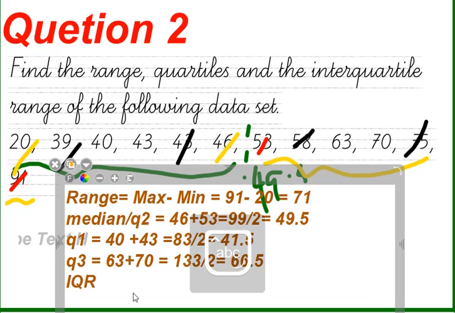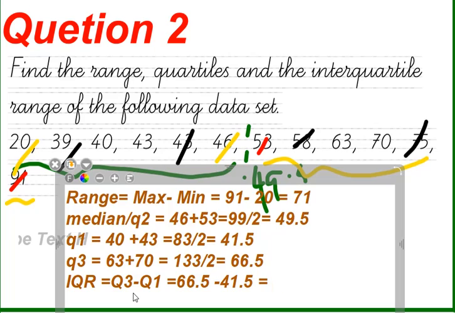So IQR is equal to Q3 minus Q1, and that is 66.5 minus Q1, which is 41.5, and we get our answer to be 25. So that's our answer for our interquartile range. That's the dispersion of the data in our data set.